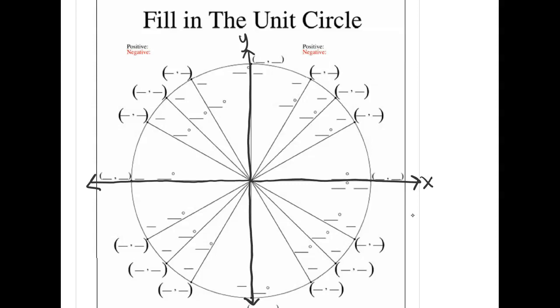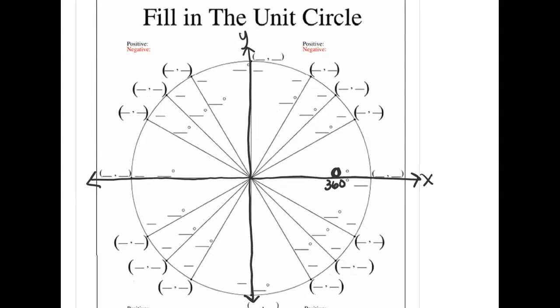And so remember, we always started at our initial side, which was here. That makes this 0. And we know if we went a full time around the circle, it was 360. So landing at that position could be called both 0 and 360. And we know that each quadrant represents 90 degrees. So I'm going to start at 0 and go in the positive direction around the circle. And that would mean that up here on the y-axis is 90.